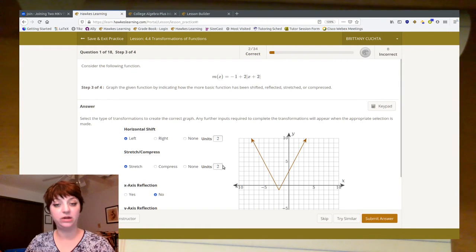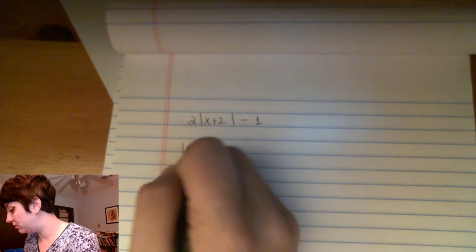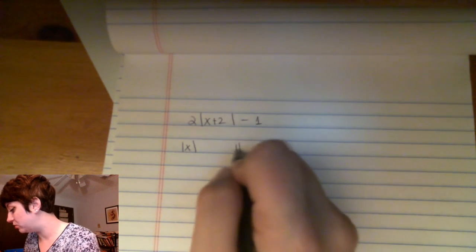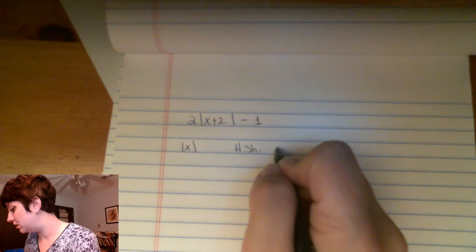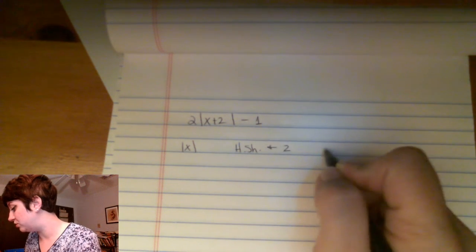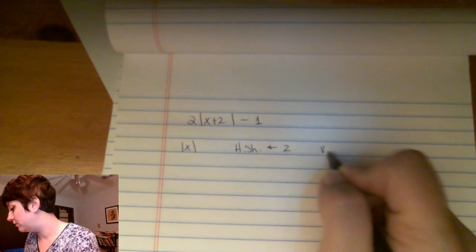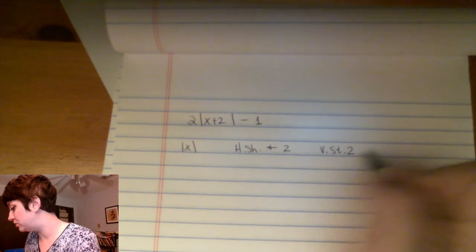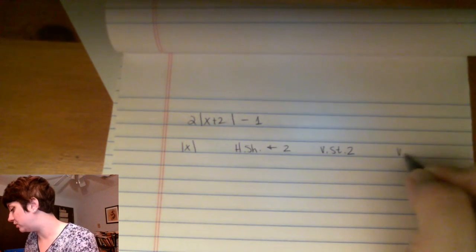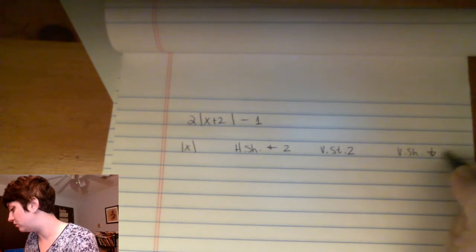So what I mean by that is, if I'm doing 2 absolute value of x plus 2 minus 1, I start with my x, I do my horizontal shift to the left by 2, I do a vertical, oh, that has to be last, yeah, vertical stretch by 2, and then I do vertical shift down 1.